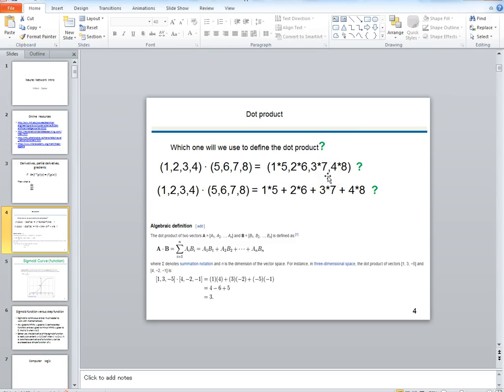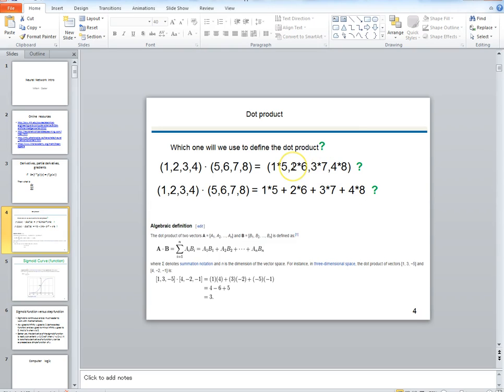Okay, so maybe that's what I mean. Or here's an alternative definition. What's this one? I took 1 times 5, put it here, then I put a plus 2 times 6 plus 3 times 7 plus 4 times 8. Everyone see these are two different results?